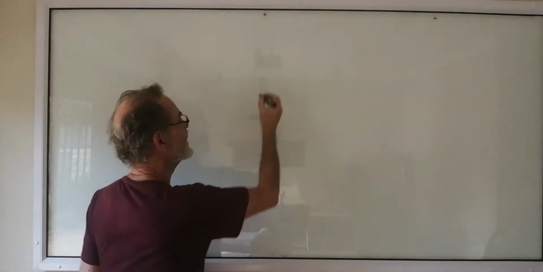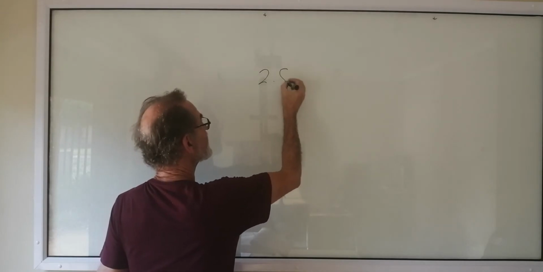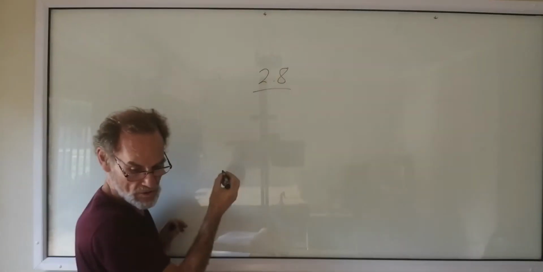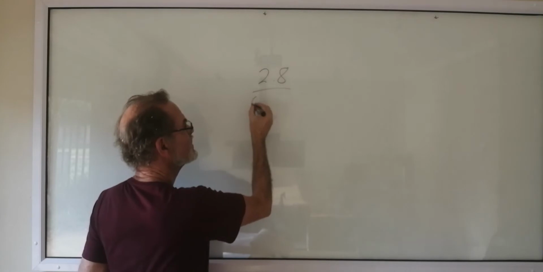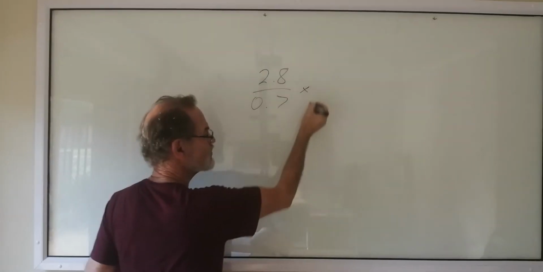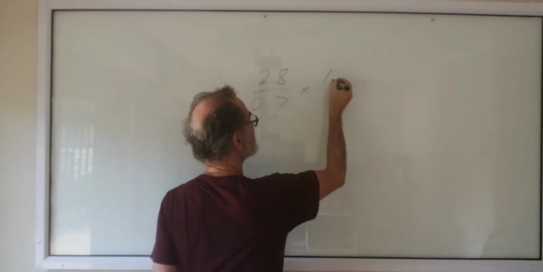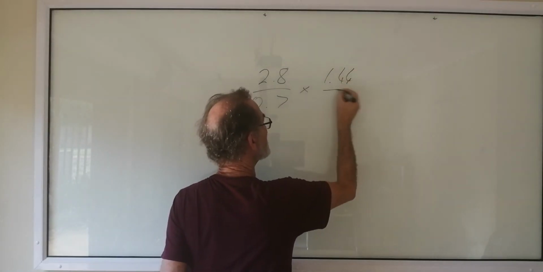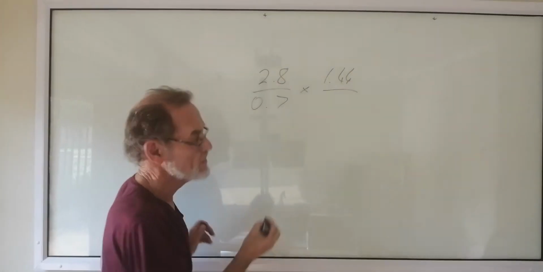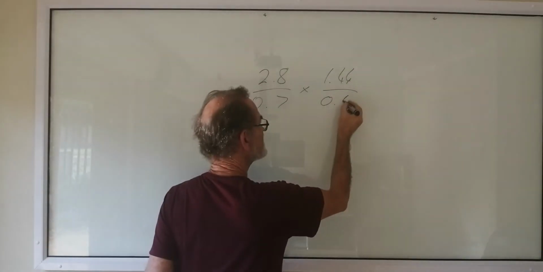If you have a bigger question with decimals, 2.8 over 0.7 multiplied by 1.44 over 0.6.